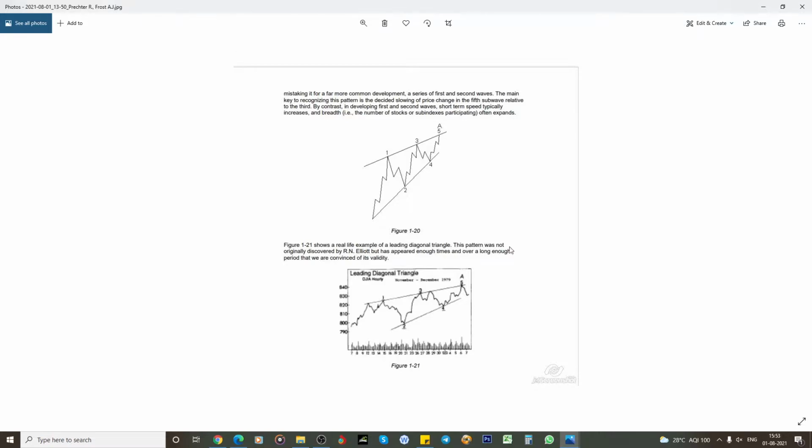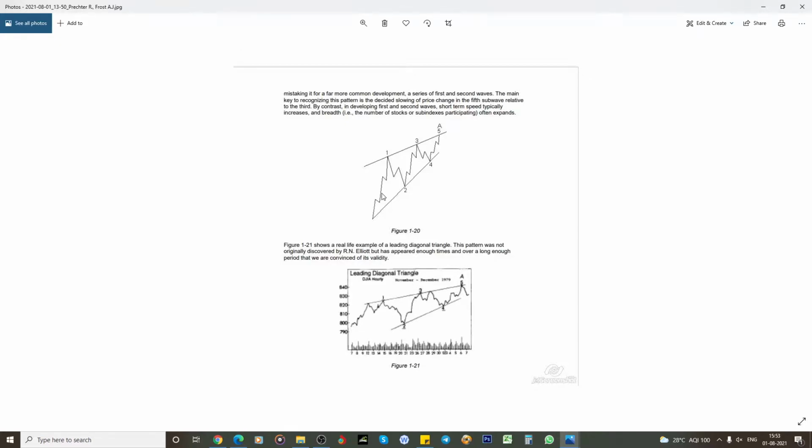This pattern was not originally discovered by Ralph Elliott, but has appeared enough times and over a long enough period that we are convinced of its validity. As I read in the book, this is also a part of the leading diagonal triangle. If it comes in a 3-3 wave pattern, that is a leading diagonal triangle at the start of wave A or 1.